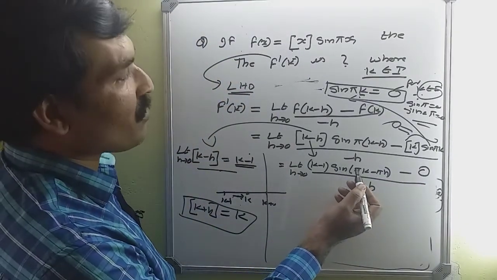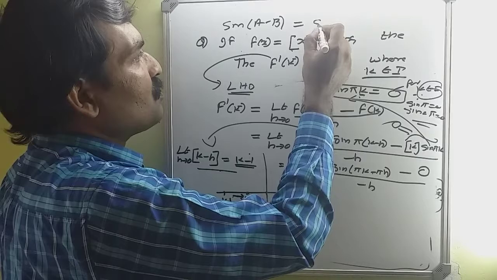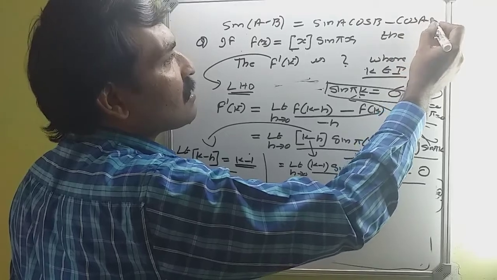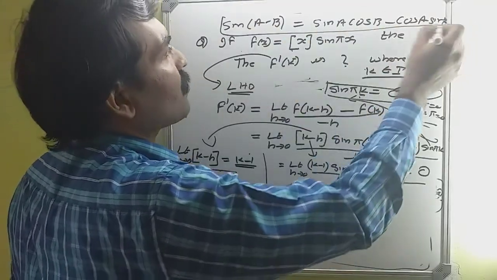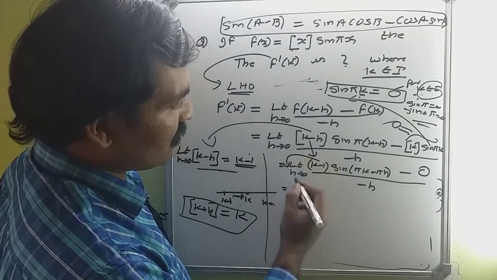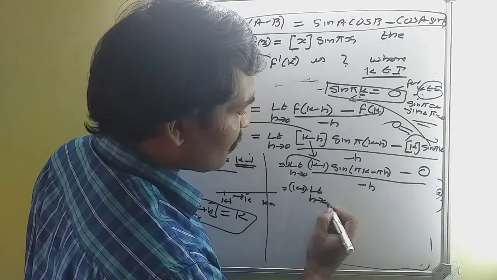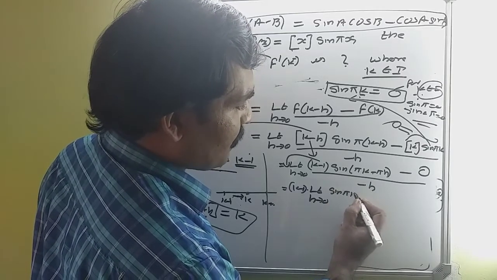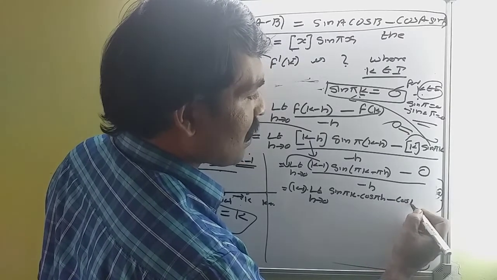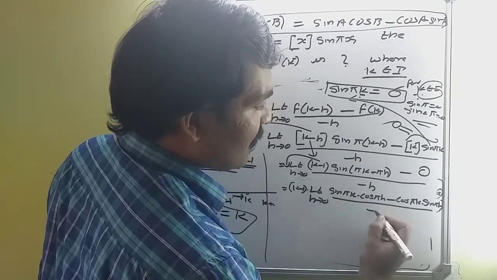Now, sine of a minus b is equal to sine a cos b minus cos a sine b. So we can write this as k minus 1, taking out k minus 1, into limit h tends to 0 of sin pi k into cos pi h minus cos pi k into sin pi h, whole divided by minus h.